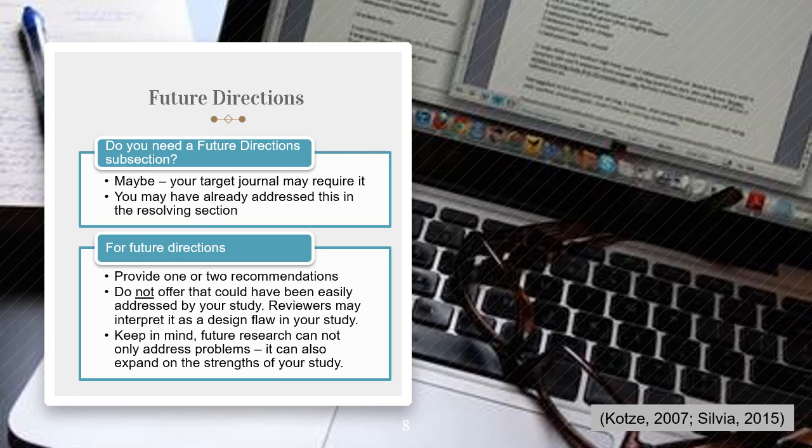So future directions can also be used as a way to build on the strengths that are in your study. When you're writing for the readers, the reviewers, and the editors, you do want to make it clear that there are a lot of strengths in your study that's worth publishing.